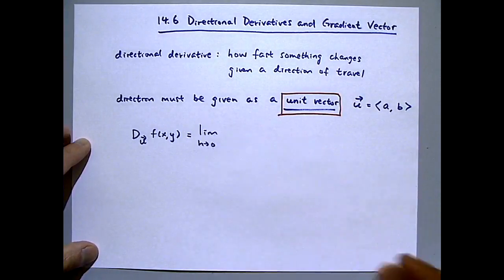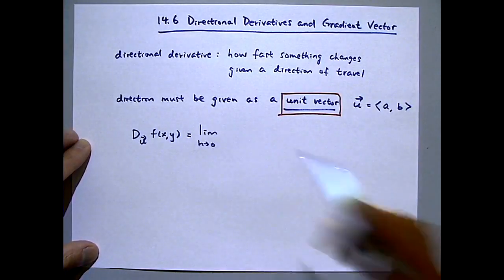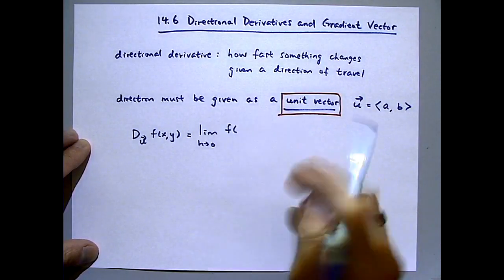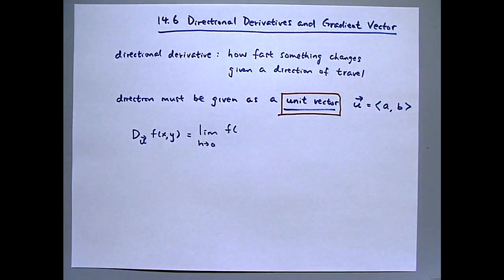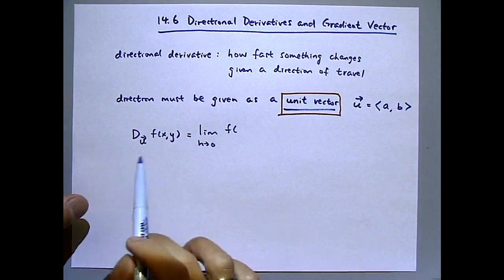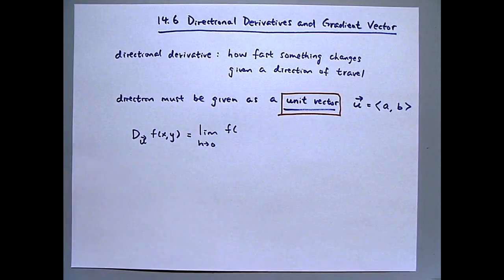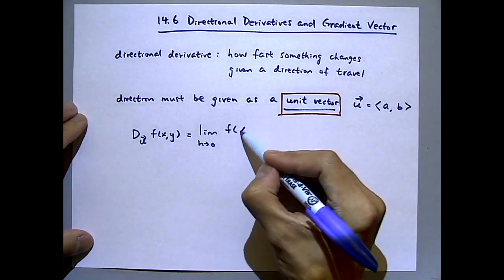First, let's look at the limit definition of what this really is doing. This is a generalization of the partial derivative with respect to x and y. Here, we're actually going to change both of those variables simultaneously.